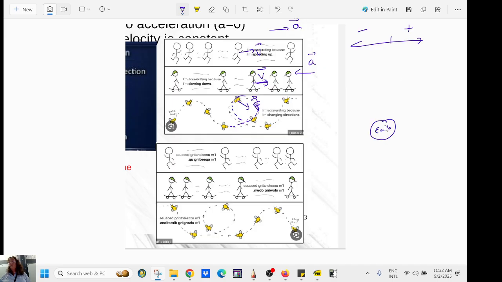But if you remember the Earth and the Moon, what does the Moon want to do? It wants to keep going in a straight line at a constant speed and go bye-bye. No, it can't, because what is the force gluing the Moon to the Earth? Gravity. So I want to go in a straight line. No, you can't. You have gravity here, pulling.